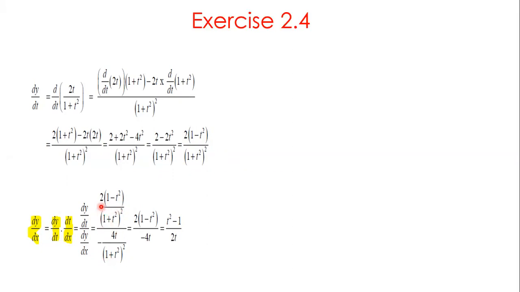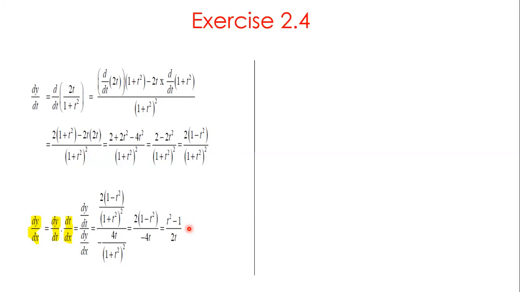Remaining terms are 2(1 minus t square) over minus 4t. 2 cancels out with this 4. Denominator is 2t. Taking minus common from the numerator, we get minus bracket t square minus 1. This minus cancels out with that minus, and our result is t square minus 1 over 2t. This is the result of the derivative dy by dx.